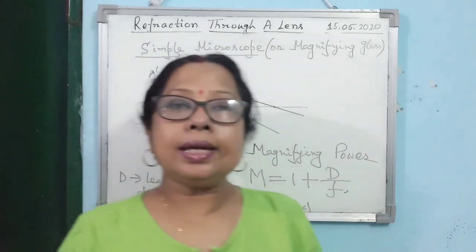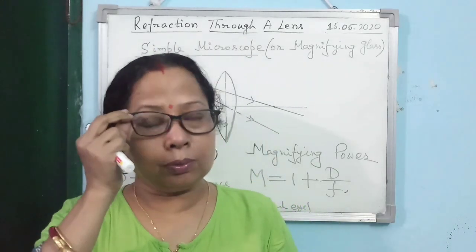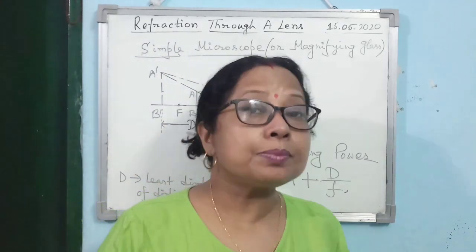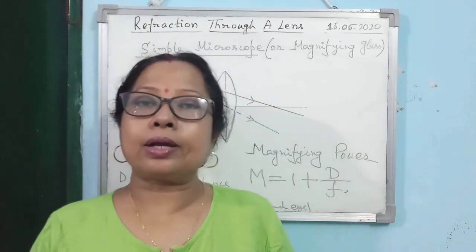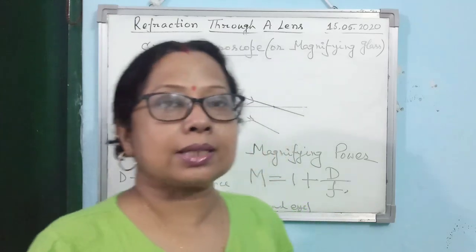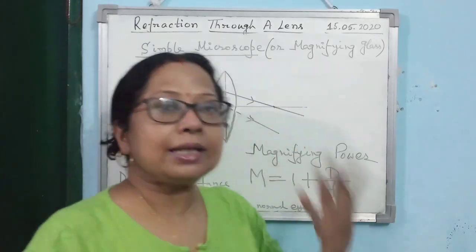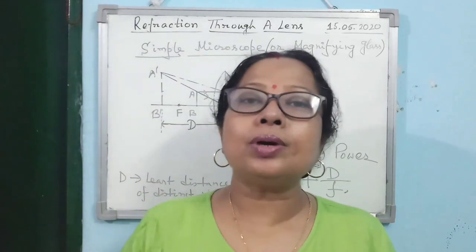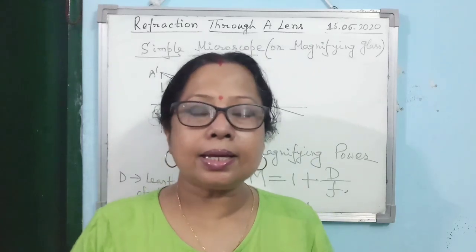Alright, now here I will tell you a few new concepts regarding this simple microscope or convex lens. When we consider a convex lens and an image is produced, how are you looking at the image? You are using your eye, isn't it?